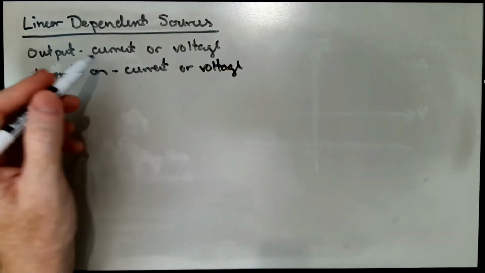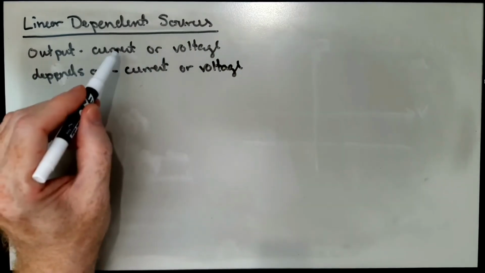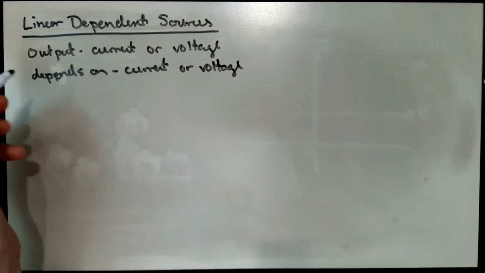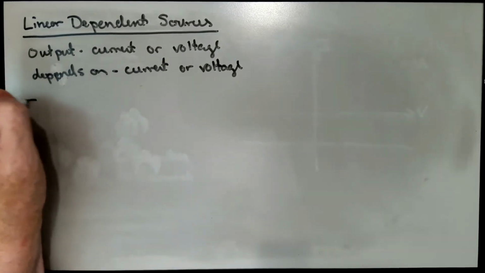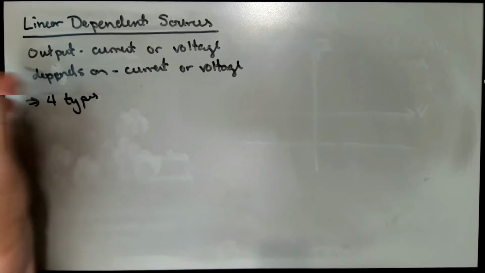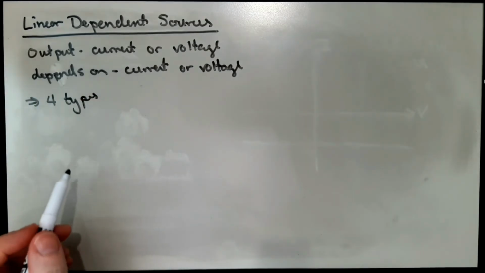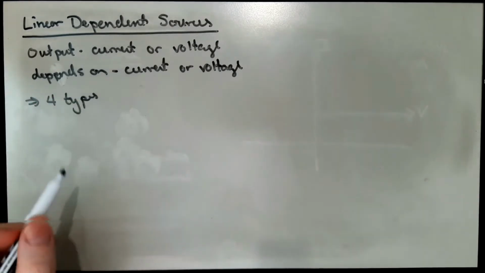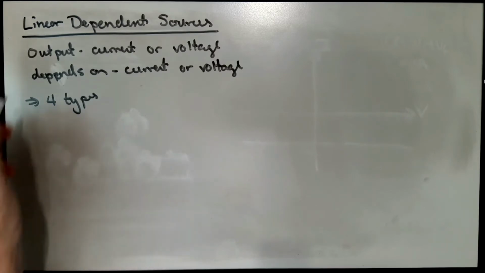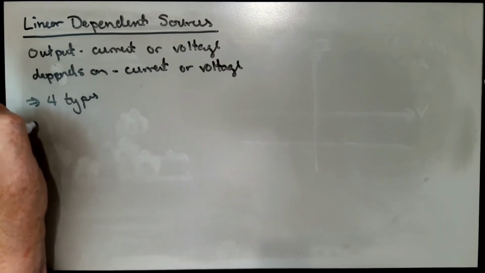Because the output can be either current or voltage, and it can depend on either current or voltage, there are 4 different types of sources, one for each combination of current and voltage on the dependent variable and on the output variable. Okay, so we're going to talk about each of the 4 types.